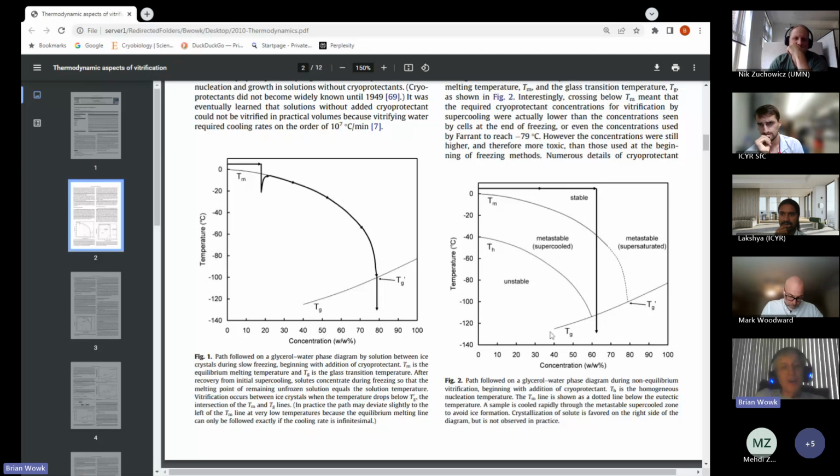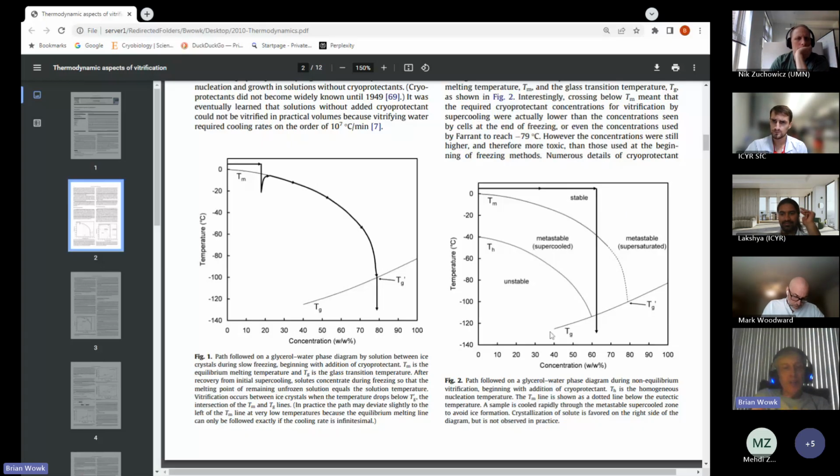So it was just empirically discovered that strong glass formers are toxic. You're actually better off to use a higher concentration of a weak glass former, because even though you need a higher concentration of it, it's less toxic to proteins and cells than the lower concentration of the stronger glass former.